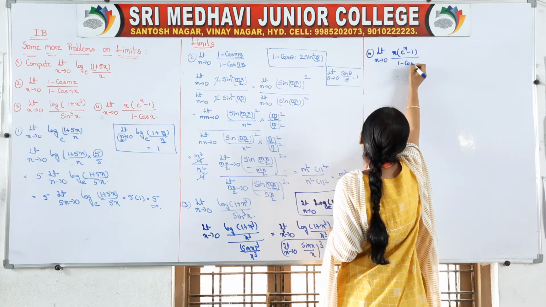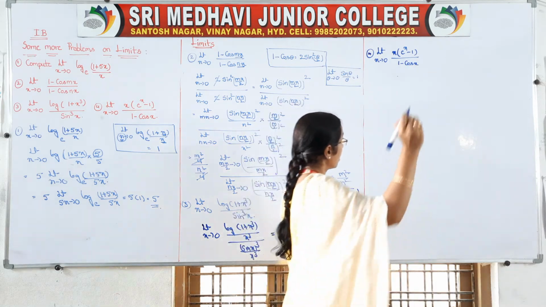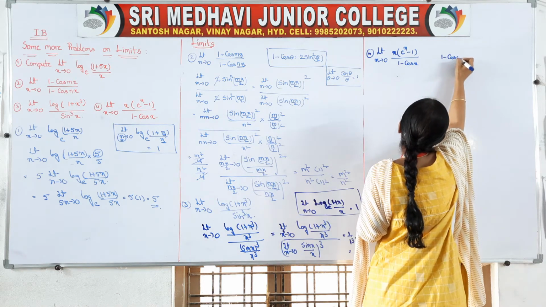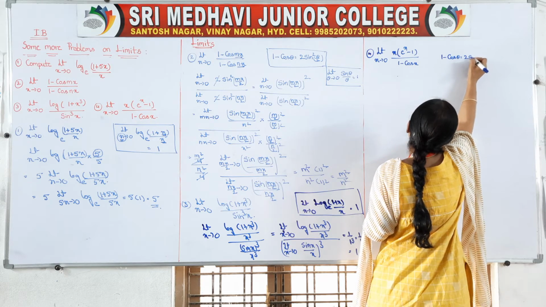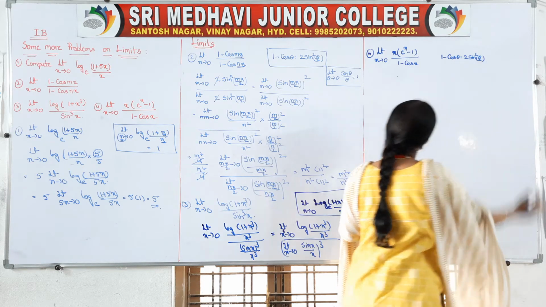Okay, so you know the formula. What is that formula? 1 minus cos theta is equal to 2 sin square theta by 2.